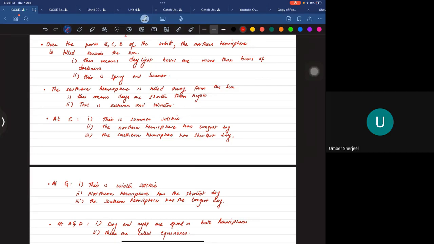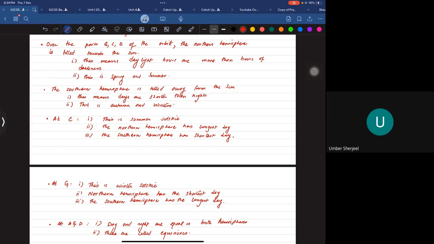Sir, when it says that the southern hemisphere is tilted away from the sun, should it be at a point like the others, at G and at A and D, or is it just a fact? It's a fact. These are all facts. That's why I labeled them. On the other parts it mentions at C and at G, and this one doesn't have a label like that.